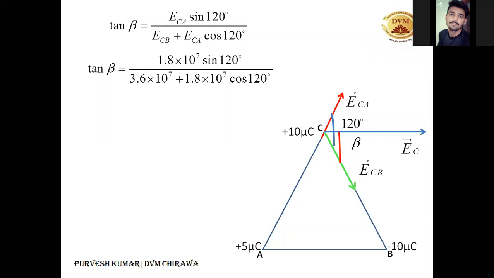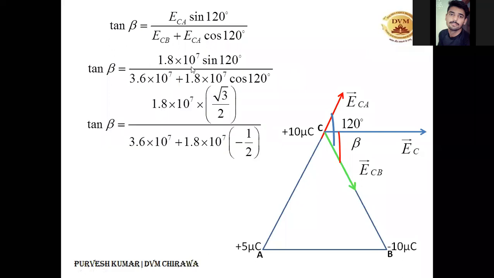Solving it out, you are left with 1.8 into 10 to the power 7 root 3 by 2 divided by 3.6 into 10 to the power 7 plus 1.8 into 10 to the power 7 cos 120, which is minus half.